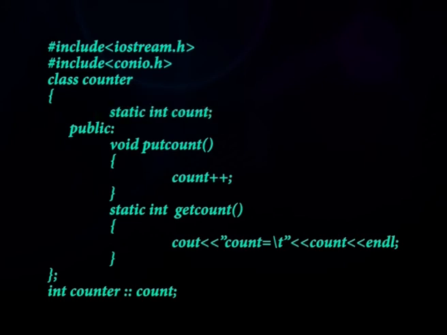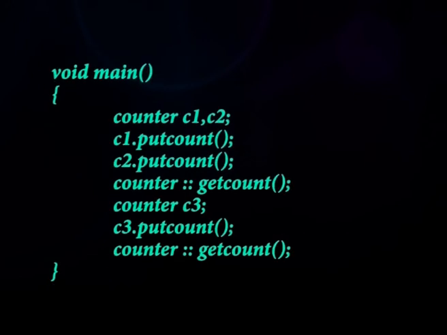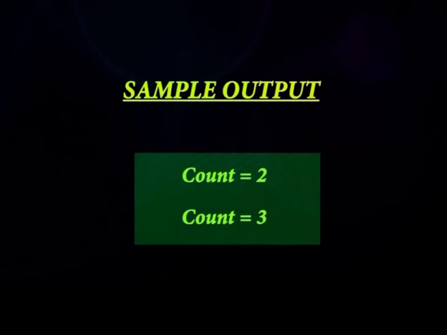It is initialized to 0 at the time of object creation. In the main program, count is incremented twice when putCount is invoked and displayed when the static function getCount is invoked. C3 is the third object created and when functions are invoked, count is again incremented. The sample output is as shown.